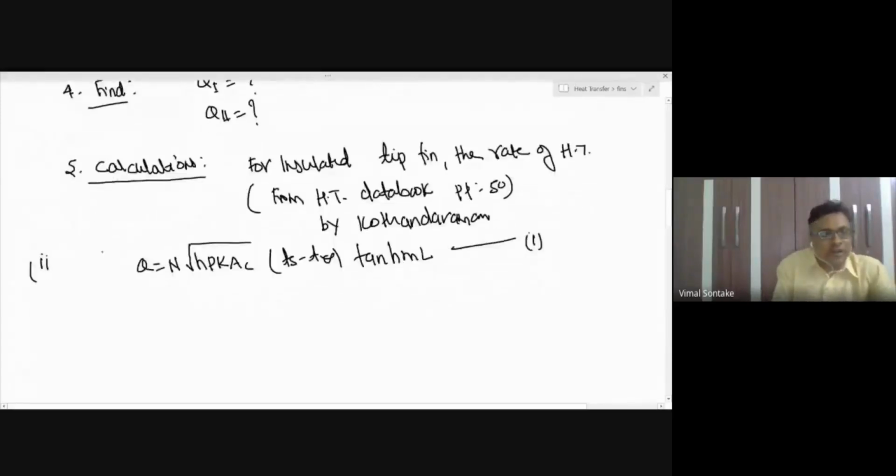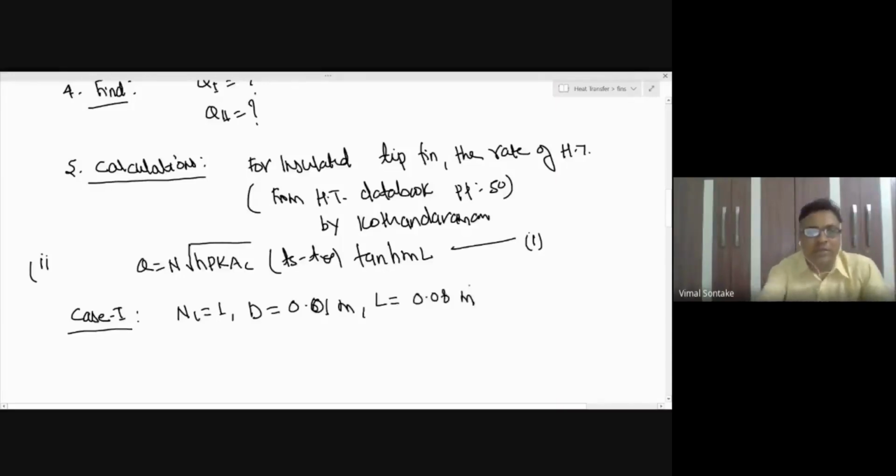So let us calculate for case 1. Number of fins in case 1 is 1 and diameter is 0.01 meter and length is 0.08 meter.